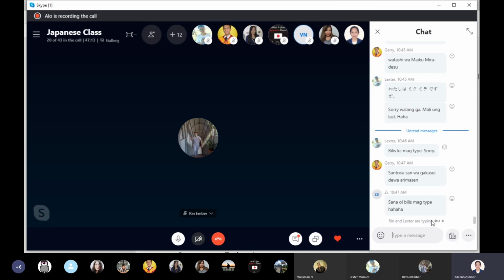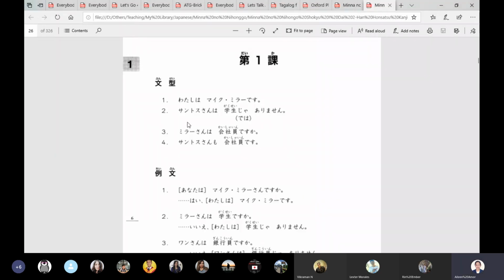It's okay, Sir Z, or Ma'am Z. Not sure which. Okay. So showing you how it's written in Japanese. Santos-san wa gakusei dewa arimasen.